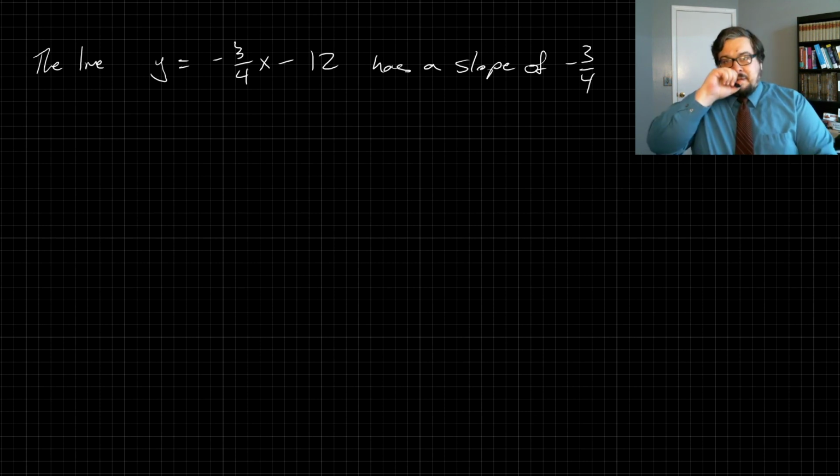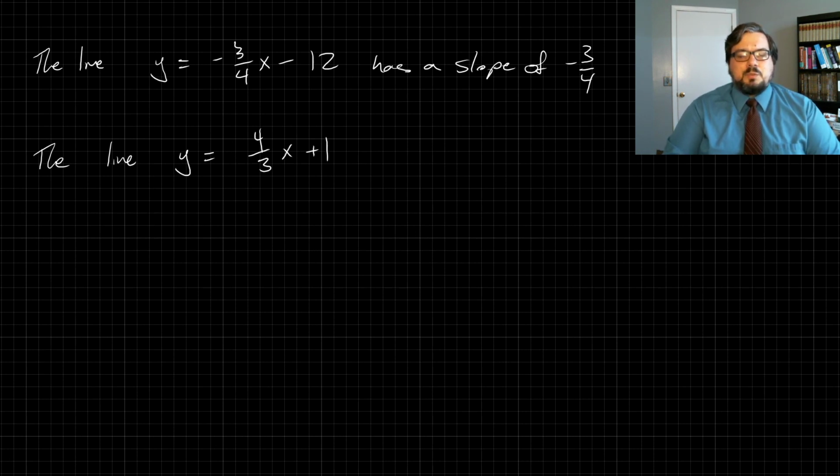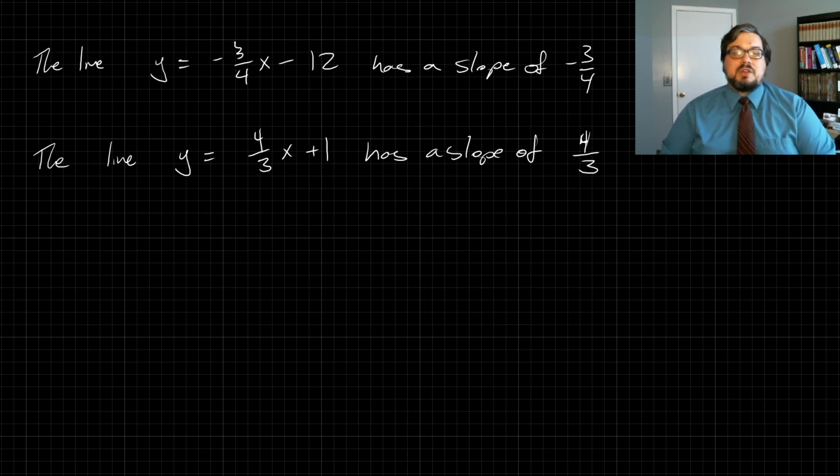And if we continue working with the understanding that the coefficient of x in an equation like this gives us the slope, which is true, we'll see that later. The line y equals 4/3 x plus 1 turns out has a slope of 4/3. Now, 4/3 and -3/4 are negative reciprocals.